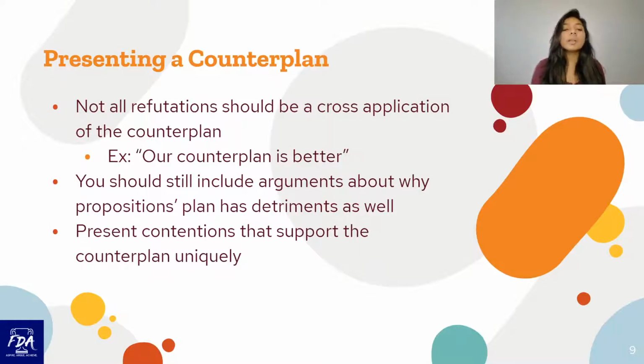What this means is that you should still include arguments of why the proposition's plan has detriments as well, right? You don't want to say my impacts are better, but they also have good points. You want to say no. Their plan is bad and our plan is good and better, right?